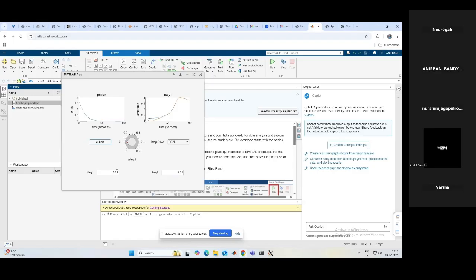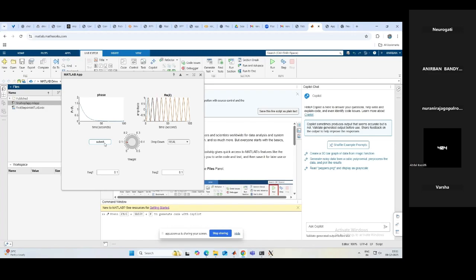Well, 0.01 is too slow. Let's say we have 0.1 and 0.1. You see the phase difference if we give the same frequency, 0.1 and 0.1, in hertz or radian per second. Then it will give the steady state phase difference, phi 1 and phi 2. After some time, it will be at the steady state.